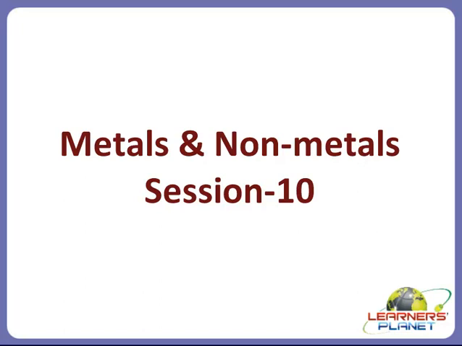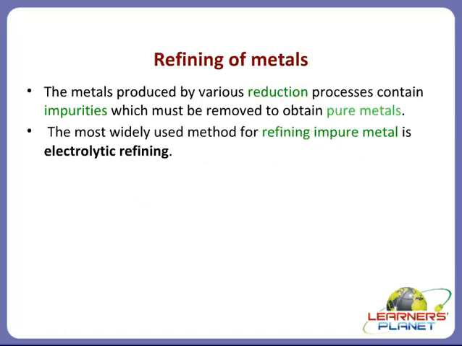The metal which is obtained by all the processes is 95% pure. That's it. Still, there are 5% impurities which has to be removed. So in this session, we will be discussing one of the most important process for the refining of metals.